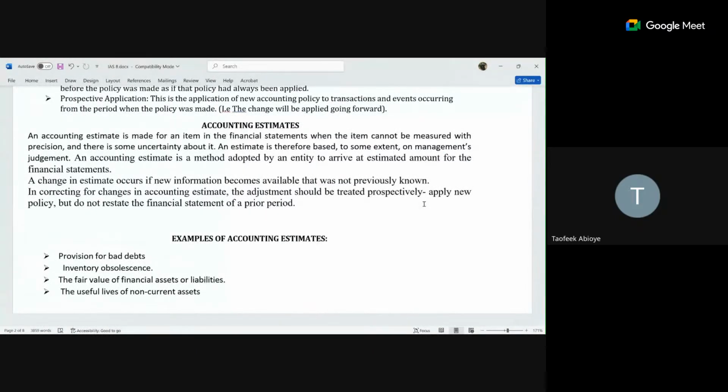There's a high likelihood of that receivable being a bad debt. So if you want to make a provision for bad debt, these are the likely guidelines the organization will use in determining their provision. We also have inventory obsolescence. You have fair value of financial assets or liabilities.